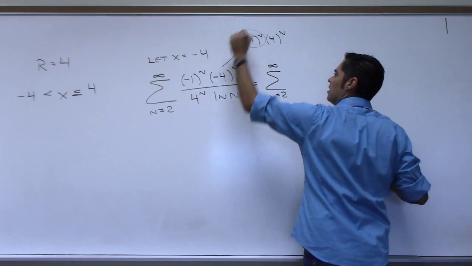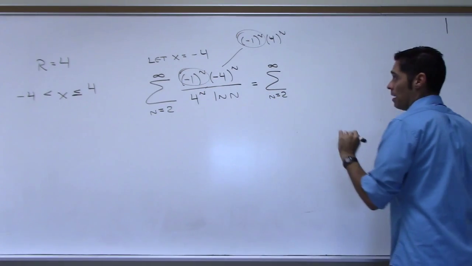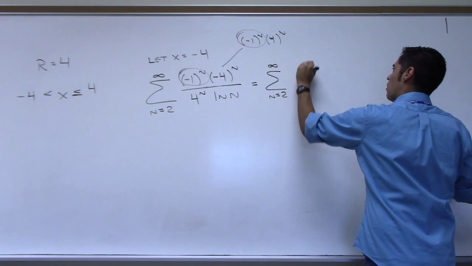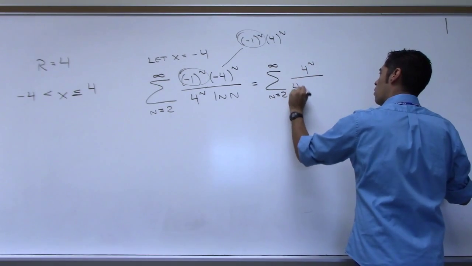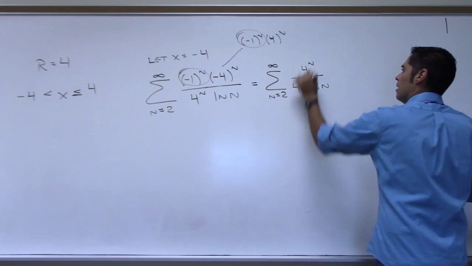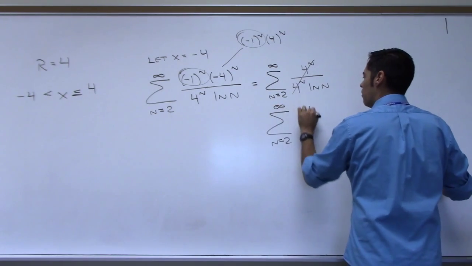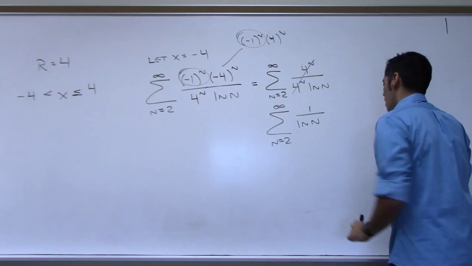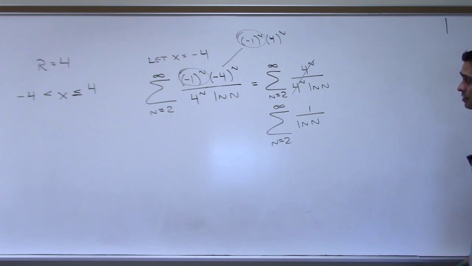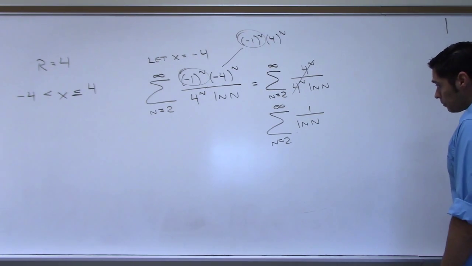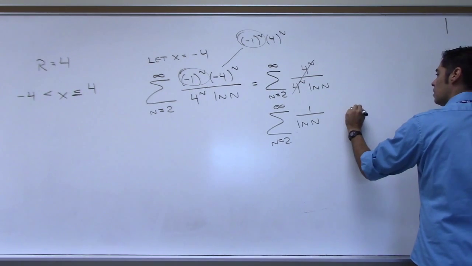And this -1 to the n and this -1 to the n come together and become a 1. So I just get 4 to the n over 4 to the n natural log n. These cancel, sum n equals 2 to infinity of 1 over natural log n. And what we'll do for this one, since it's not alternating, we'll just do a comparison.